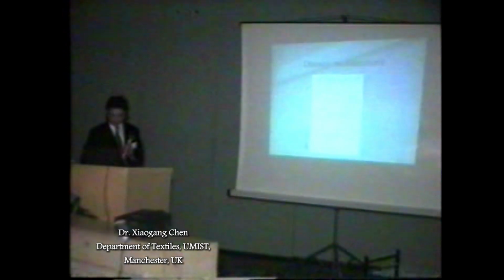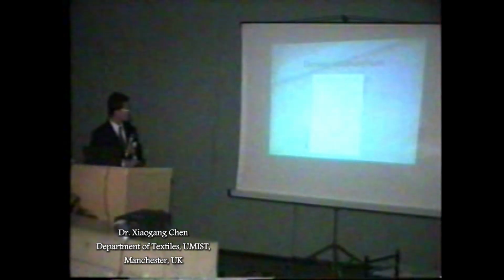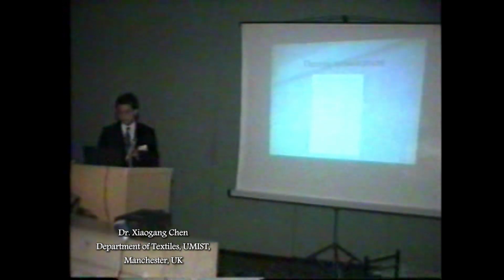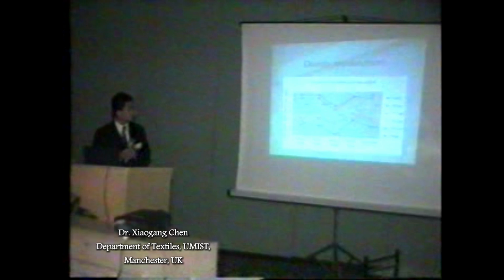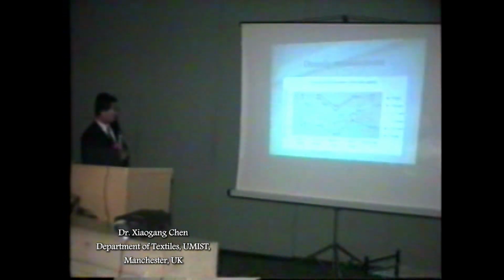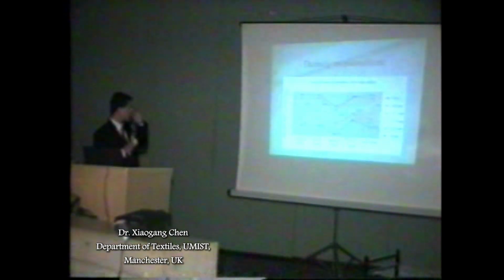In order to take the density, we divided the fabric into 5 different areas along its length, and also 5 different areas across it. We measured the density from each of these areas, and this is the weft density change along the length.